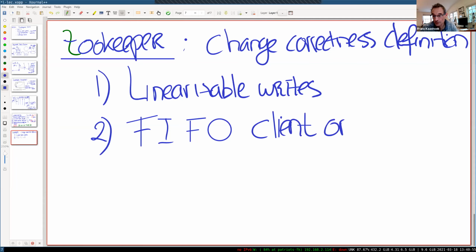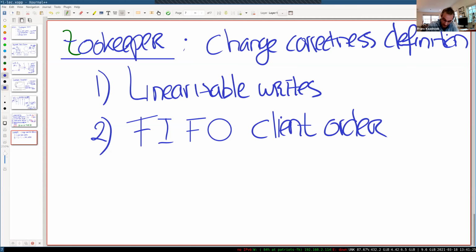And this partially has to do with the asynchrony. A client may submit multiple requests one by one without waiting for a response. And Zookeeper will guarantee that if client 1 submitted a request and then client 1 submitted another request, then that second request will observe the result of the first operation.